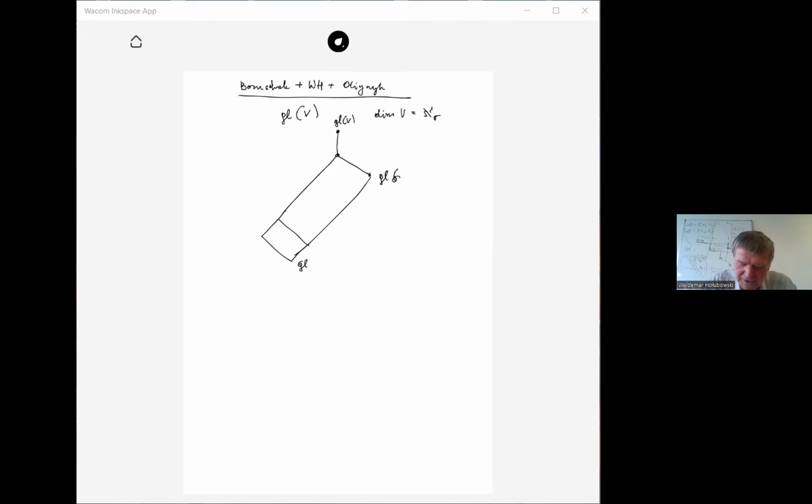Here we have GL0, GL0 plus scalar matrices, and here we have GL1, scalar matrices plus GL1. I mentioned here that GL0 is exactly the Lie algebra of all linear transformations whose images, the ranges of such transformations, are finite.